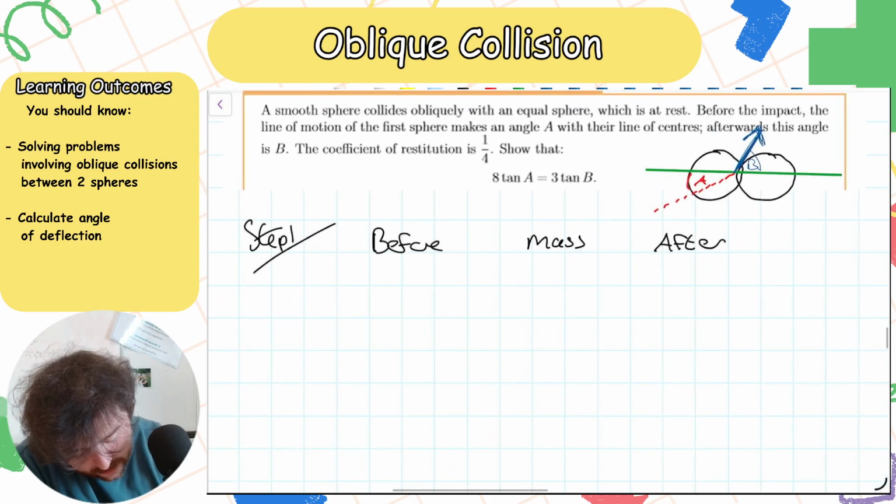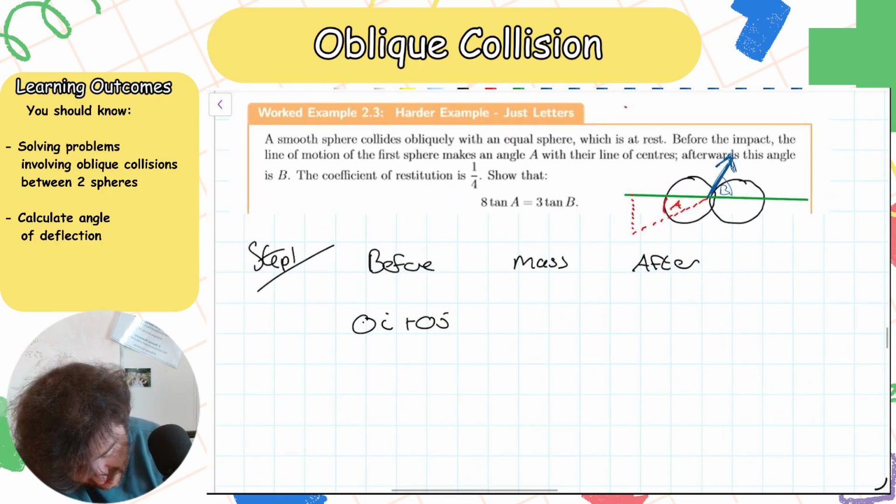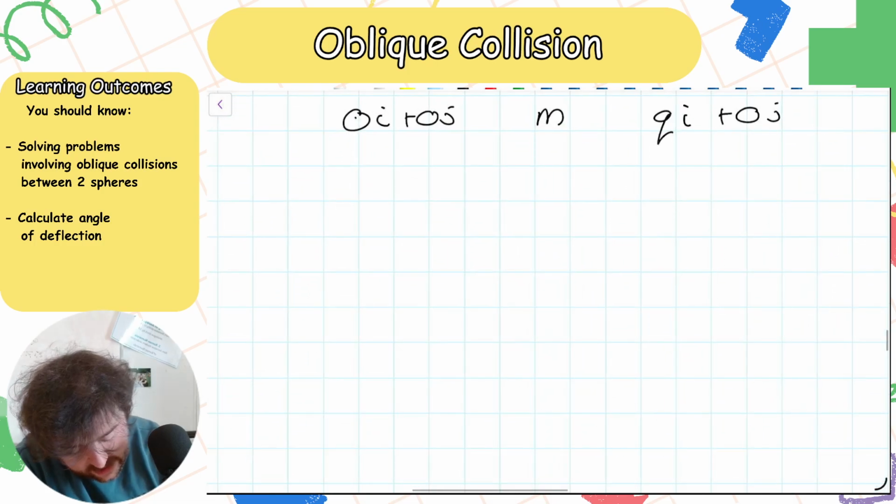So I need to break these up. Let's decompose. For my second sphere, it's 0i plus 0j. Mass is m. I don't know its speed afterwards, so I'm just going to call it q, but I do know the j component is 0. Now let's decompose my first sphere.